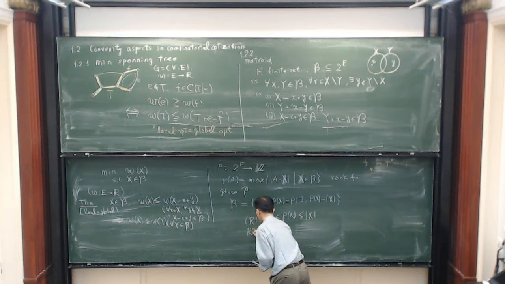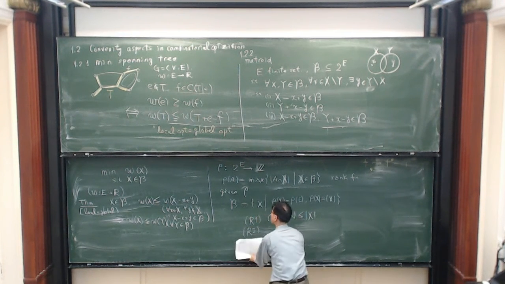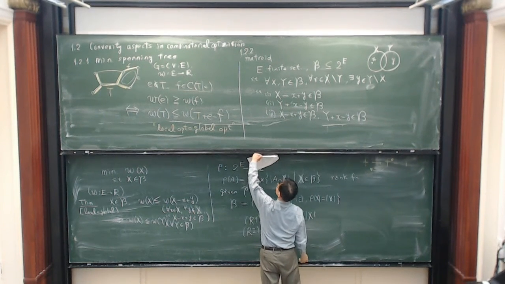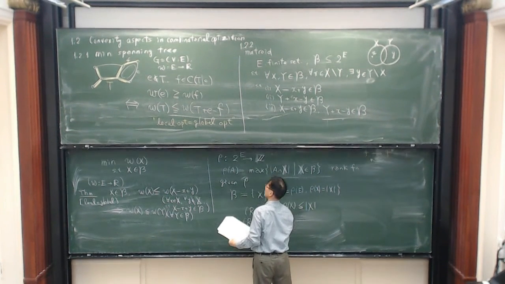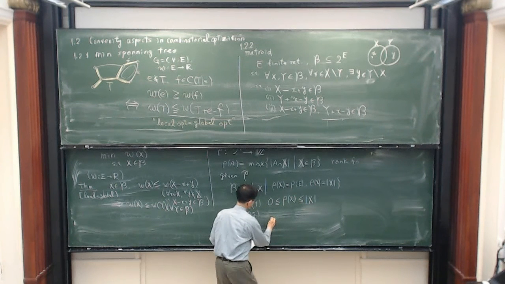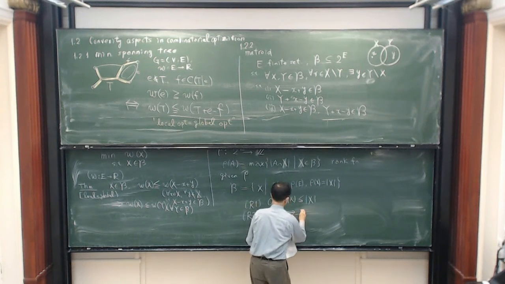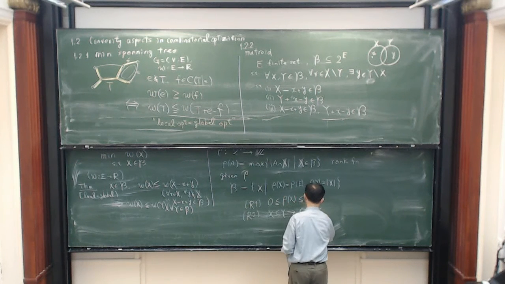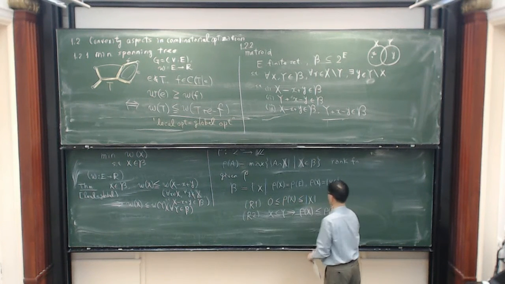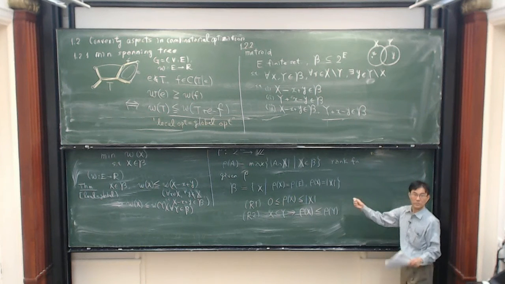And the second condition is monotonicity. Monotonicity means X subset of Y implies rho of X is smaller than or equal to rho of Y.